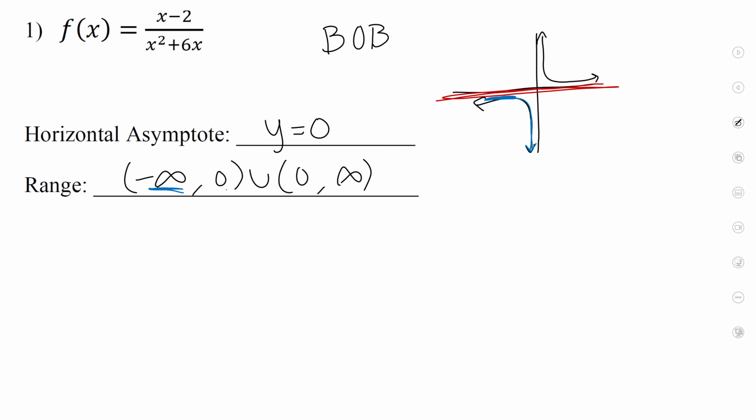The asymptote is 0. Then let's look at the next part of the graph. The bottom is at 0. That's why we have a 0. And then it goes up to infinity. So your range will always have this format. Always. Your asymptote just goes right here.